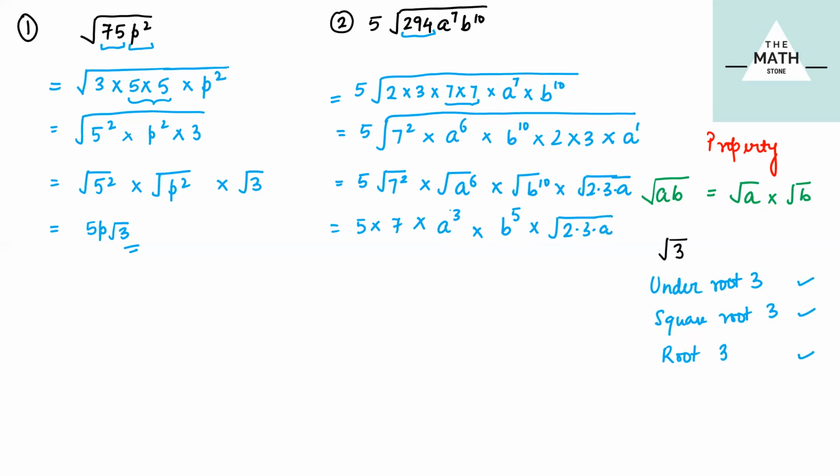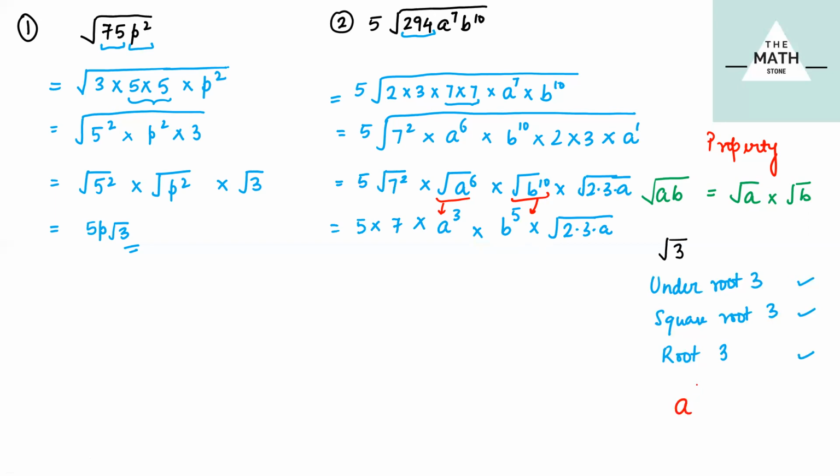Now if you're wondering how this term became a raised to 3, and this term became b raised to 5: if you guys remember, the square root symbol can also be written as a fractional power.